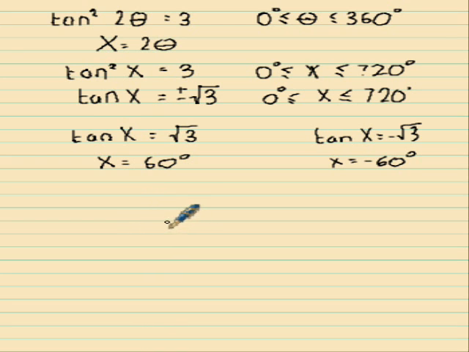So if I write down my principal angle here, I'm going to add and subtract multiples of 180 to find the solutions that lie within this interval. Now if I subtract 180 from this, I'll end up with minus 120. So I don't need to go any further back because this falls outside of the range.